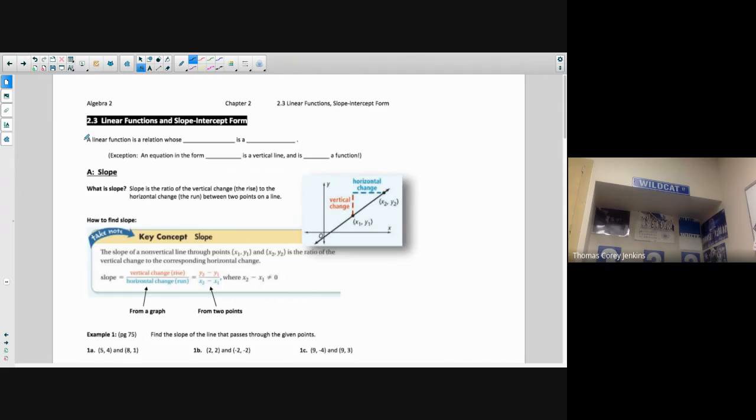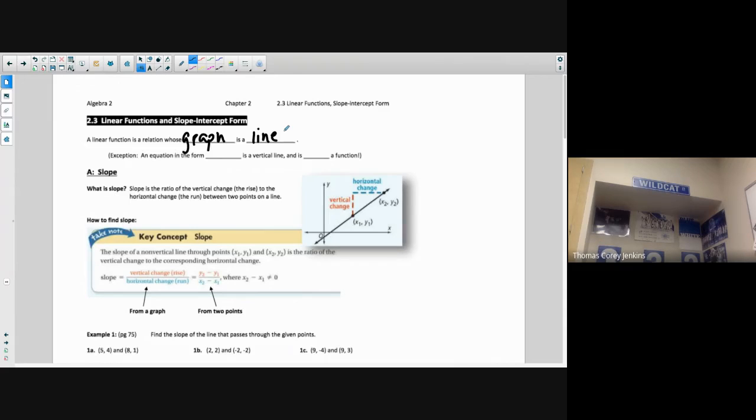So now I'm here. It says a linear function is a relation whose graph is a line. Obviously you hear the word line or see the word line in linear. An exception: an equation in the form x equals a number is a vertical line and is not a function.